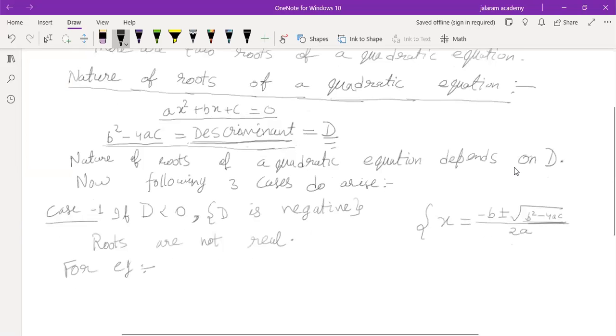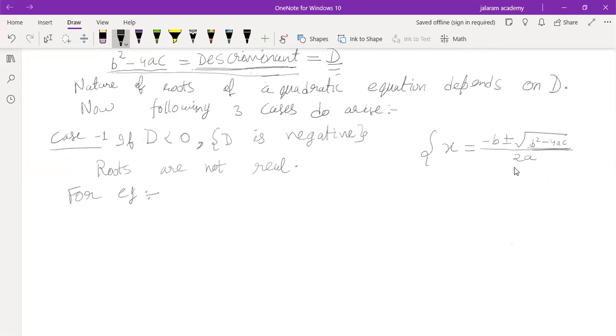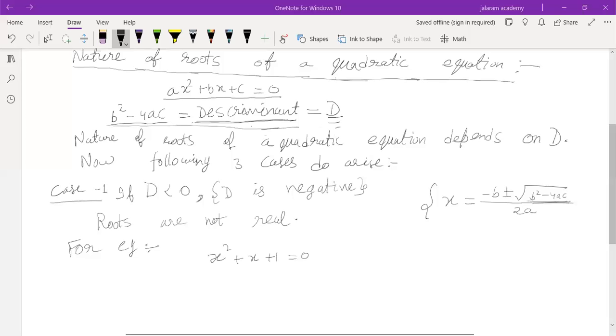For example, x square plus x plus 1 equals to 0. In this example, if we compare it with ax square plus bx plus c equals 0, a equals to 1, b equals to 1, and c is also 1. Now if we find D, the discriminant, it is equal to b square minus 4ac.